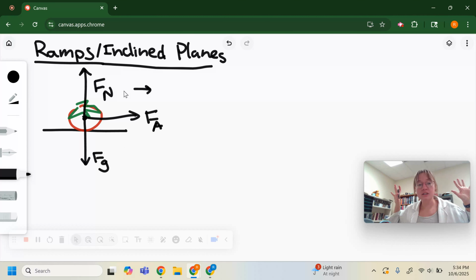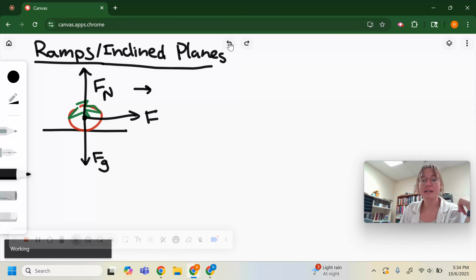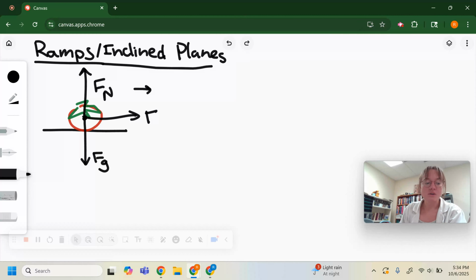But once your hands are off the tomato, there's actually no force being applied to the tomato in that direction once you've let go of it. Now, is there an applied force to get it going? Yes. But is there an applied force to keep it going? No.